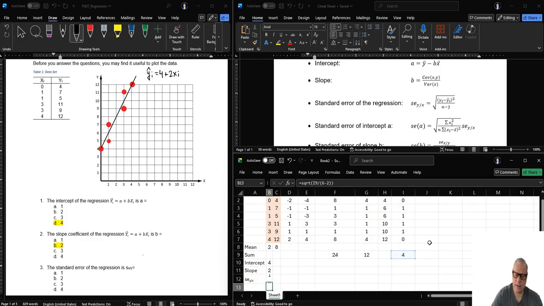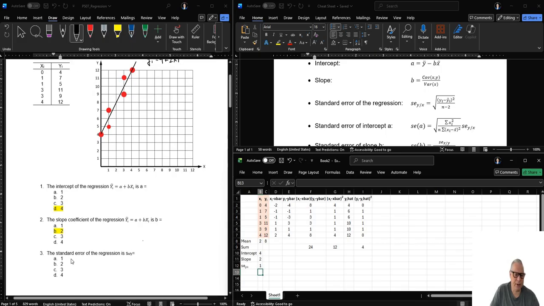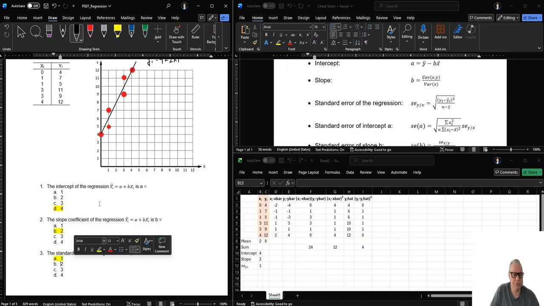Again, we have only 4 degrees of freedom. Because degrees of freedom is always the number of observations minus the estimated parameters, and because we needed to estimate the slope and the intercept, we have to subtract 2. So the standard error of the regression is 1.